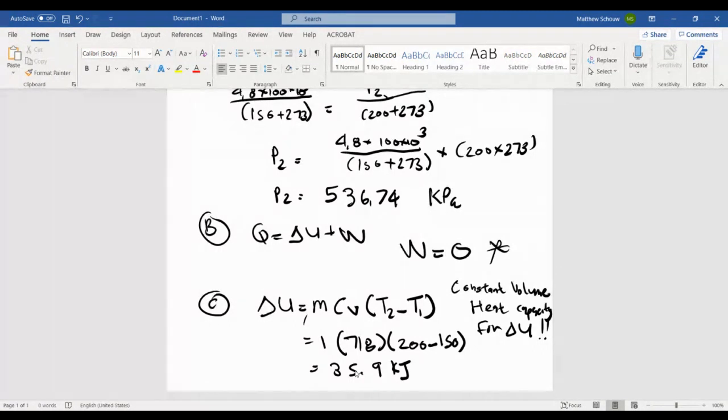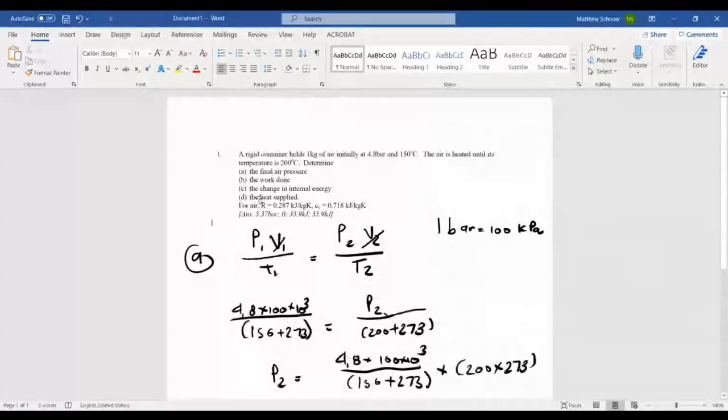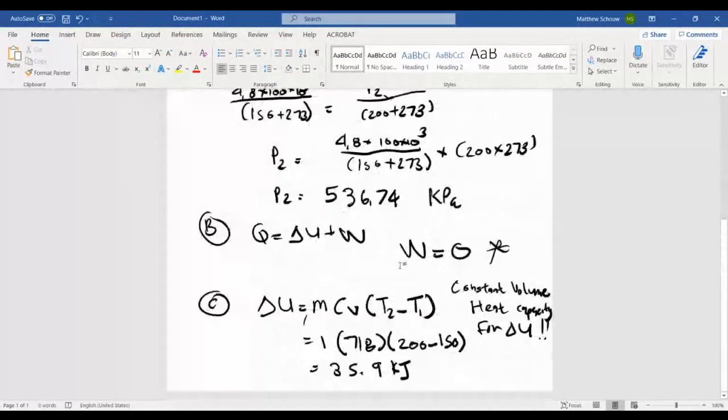Okay. And then the last question is D, the heat supplied, and basically D is also equal to 35.9 kilojoules, as according to the non-flow steady equation. So if we cancel out that term, Q is equal to the change in internal energy.